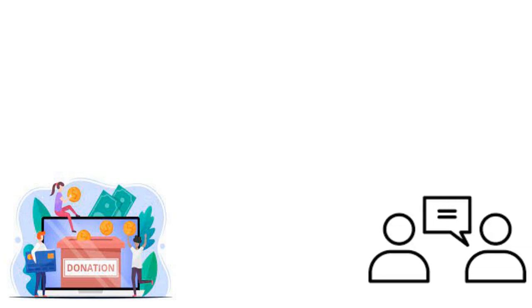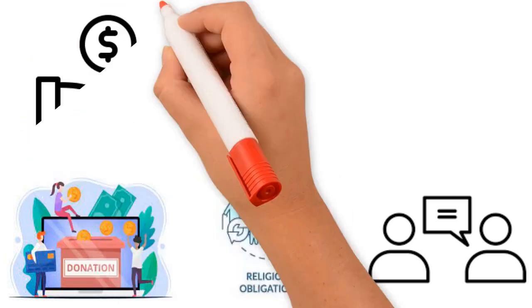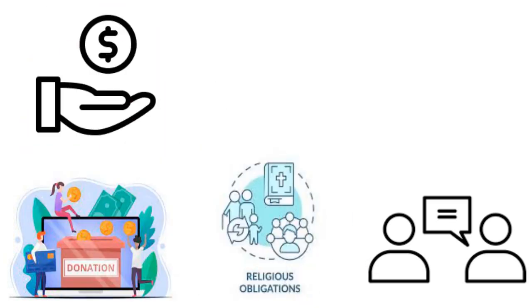Most importantly, people can find out whether or not they are complying with their religious obligations. And this tool is pretty straightforward in the sense that it tells you right away how much you should be contributing based on your assets, your income, your revenue, or other financial information that you provide.